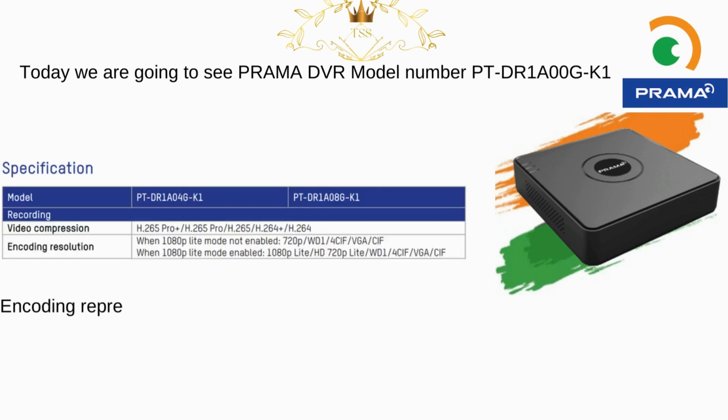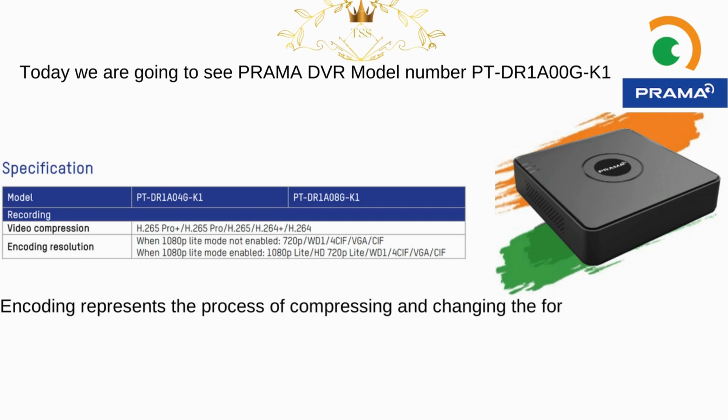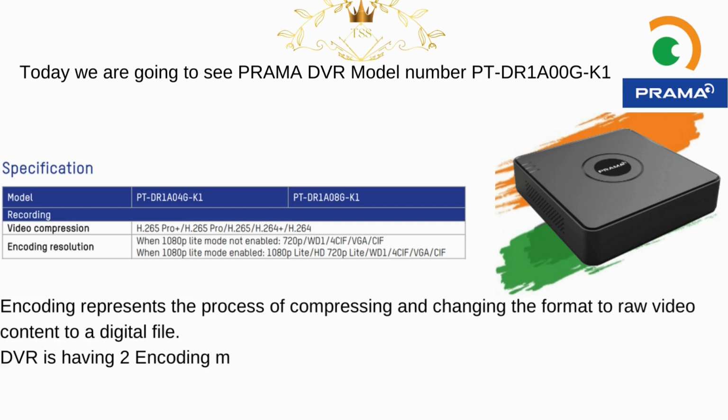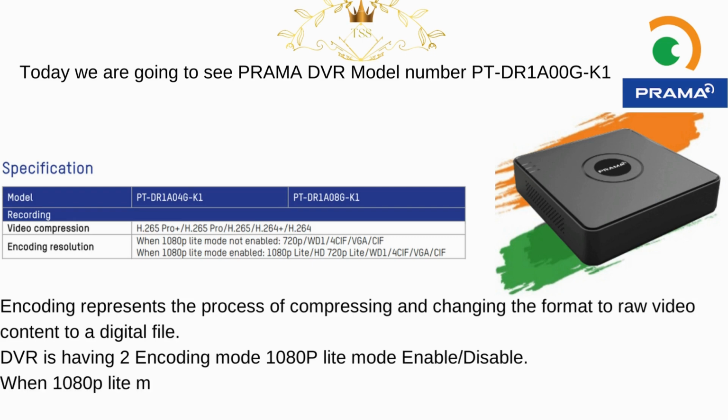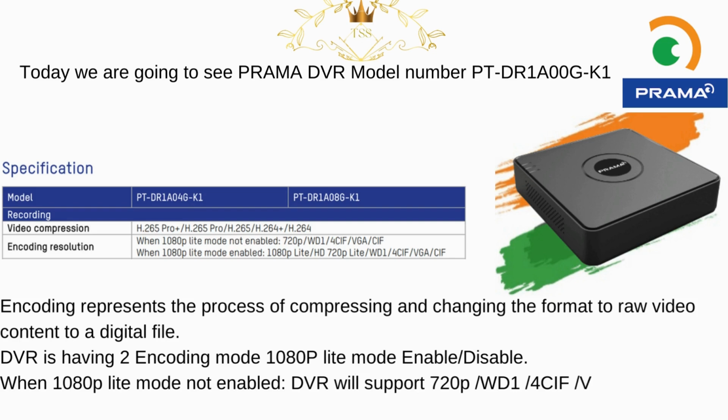Encoding represents the process of compressing and changing the format from raw video content to a digital file. DVR has 2 encoding modes: 1080p light mode enabled and disabled. When 1080p light mode is not enabled, DVR will support 720p, WD1, 4CIF, VGA, and CIF.